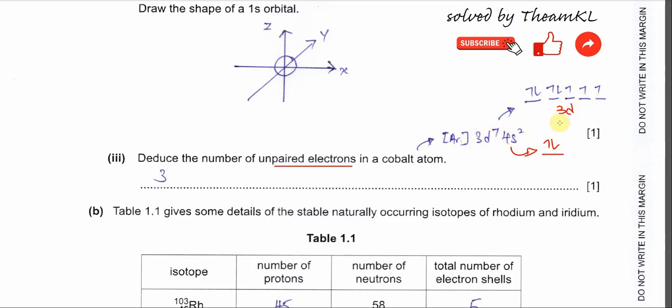The electrons fill singly first, then pair up. So 1, 2, 3, 4, 5, 6, 7. With this 3d7 configuration, there are still 3 unpaired electrons. So there are 2 pairs of electrons and 3 unpaired electrons in the 3d. This is what unpaired electrons means.